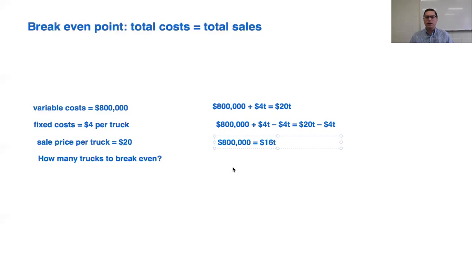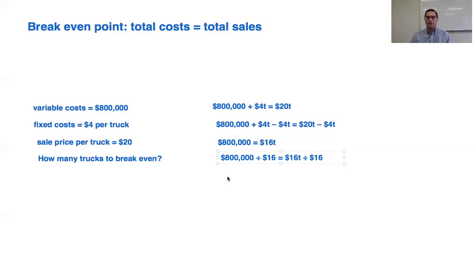So we can now divide both sides by 16. 800,000 divided by 16 equals 16T divided by 16.